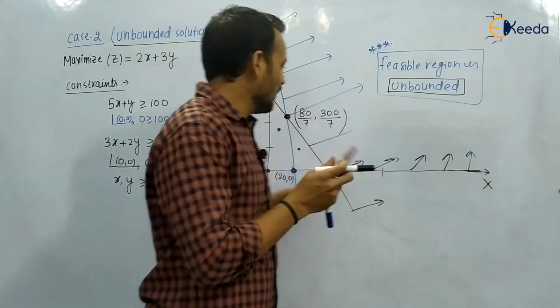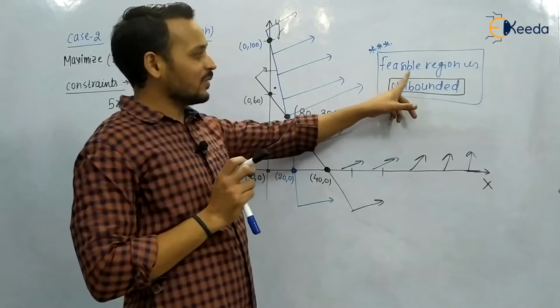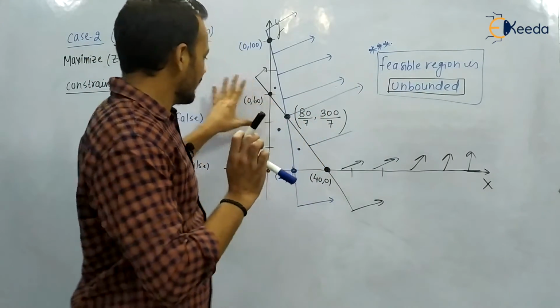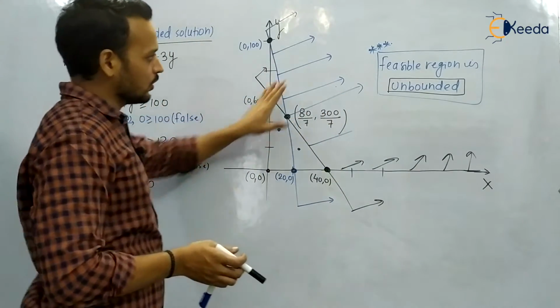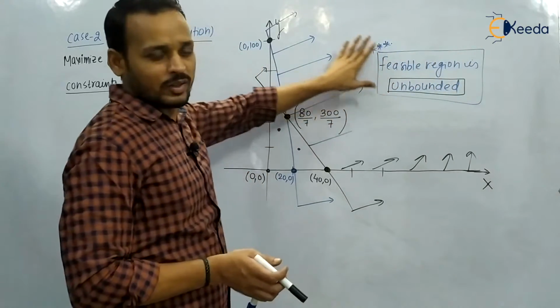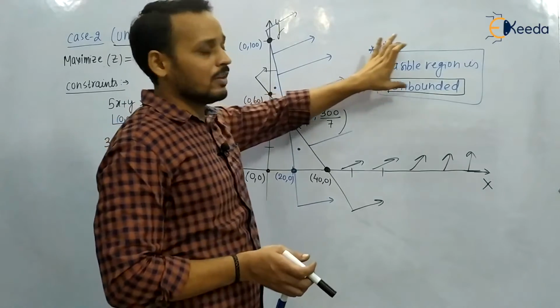You will plot the graph and the graph will also remain the same. The constraints are the same, the non-negative restrictions are the same. So this is the feasible region again, and we will say that our region is again unbounded.